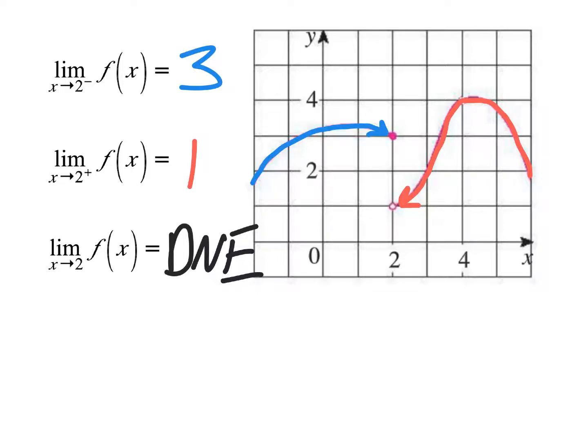Basically, if you're tracing this side with one finger, and you're tracing this side with the other finger, if they don't meet up at that number, you cannot find a limit at that number. You can only find the limit from one side or from the other side, but not from both if they're not the same. And so in this case, it does not exist.